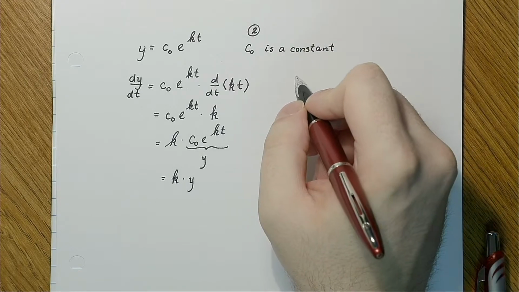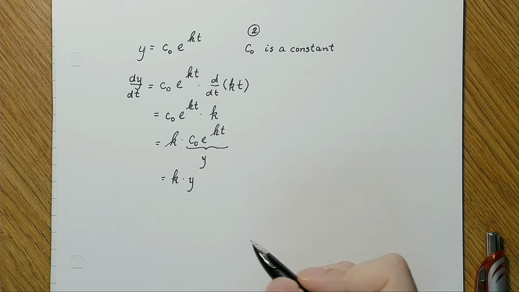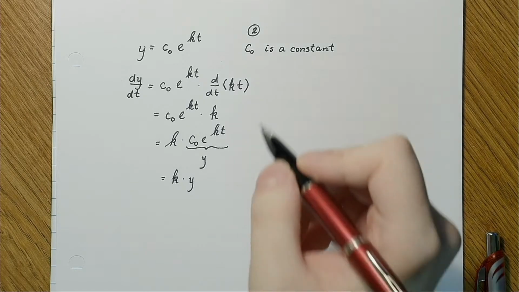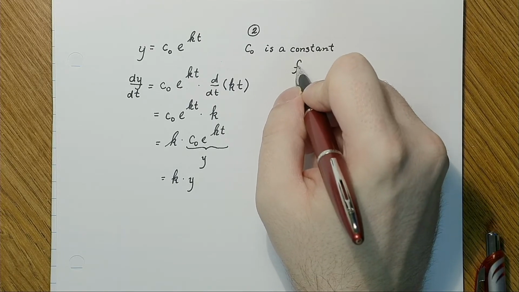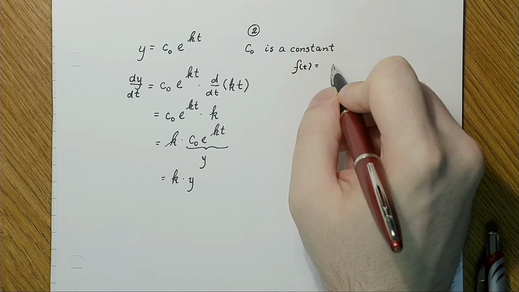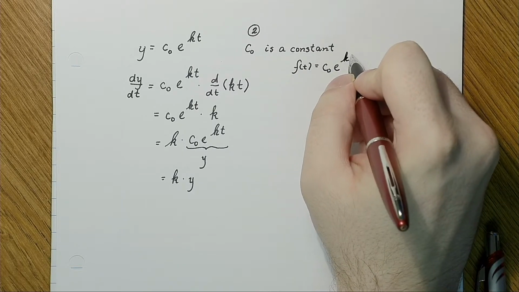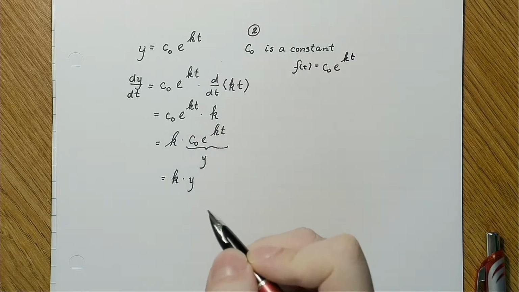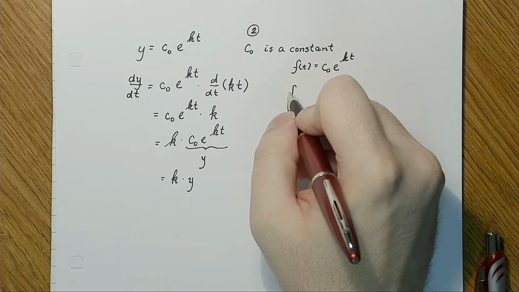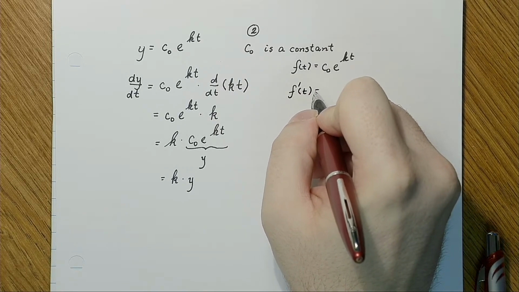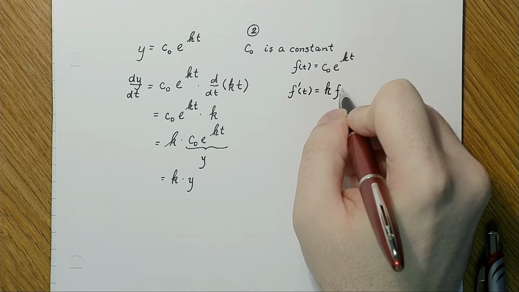Of course, I can also rewrite that using the other notation. I can also write it as f of t is equal to C0 e to the k t, and same thing over here, that is equal to k of f of t.